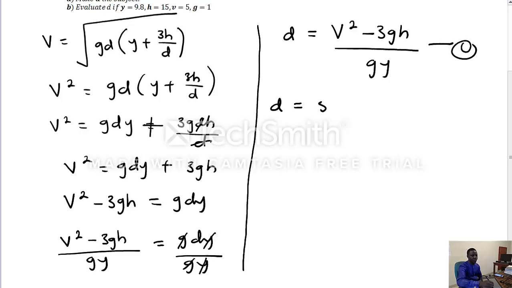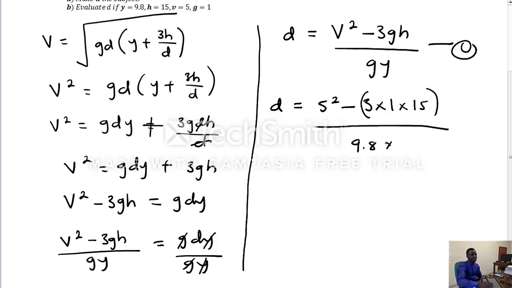This will be 5 squared minus 3 times, let me put this in bracket, G is given as 1 times H is given as 15 to be divided by GY. G is 9.8 to be multiplied by Y, which, okay, Y is 9.8, YG is 1.